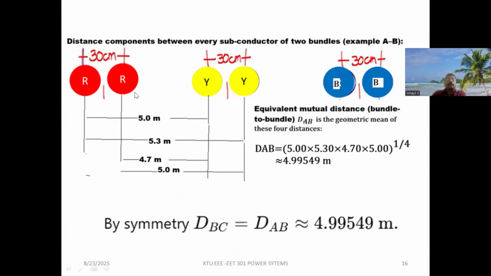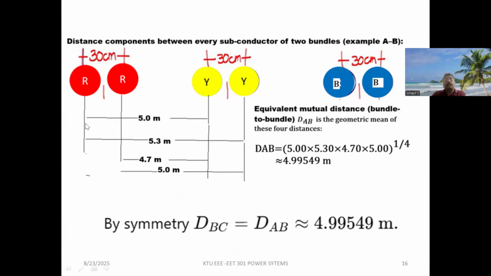Now, the distance between the second subconductor of the R phase and the first subconductor of the Y phase is only 4.7 meter. And we can finally understand that the distance between the second subconductors of R phase and Y phase is again equal to 5 meter. So to find the equivalent mutual distance of this bundle to bundle, that is between this R phase and Y phase, we have to find the geometric mean of these 4 distances.